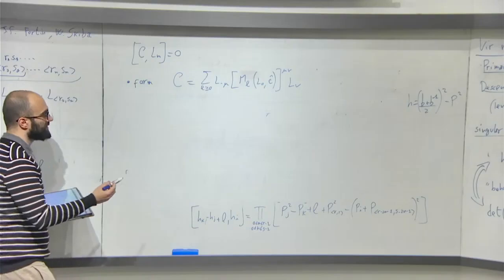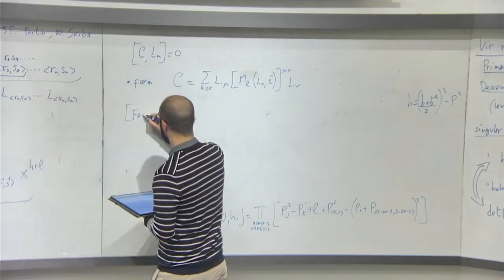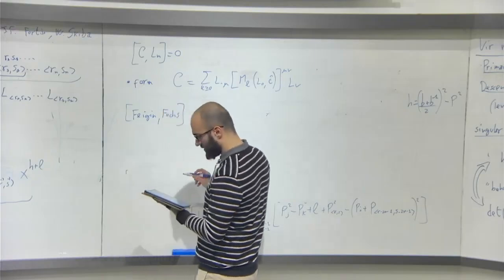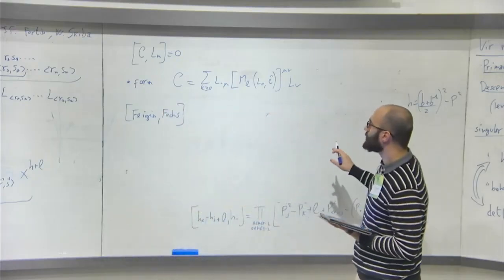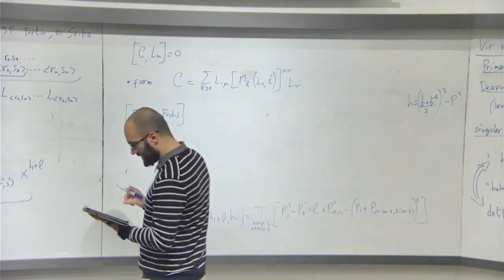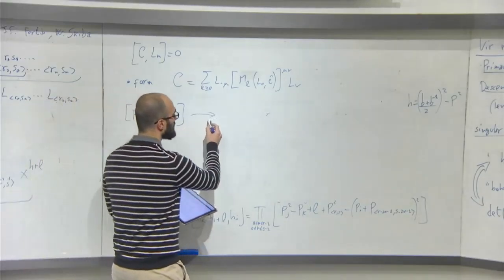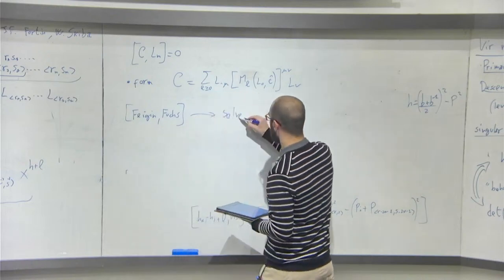It actually works. Feigin and Fuchs wrote some recurrence relations. They got to some conclusions that I personally disagree with at some point. If you want, we can discuss them. But what we did, in addition to Feigin and Fuchs, is that we solved the recurrence relation.